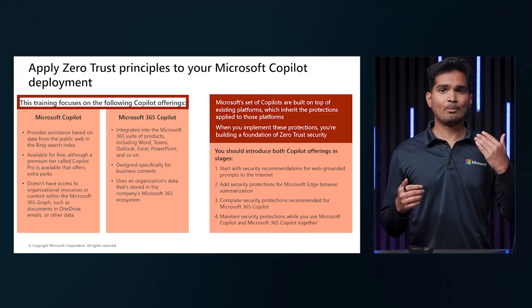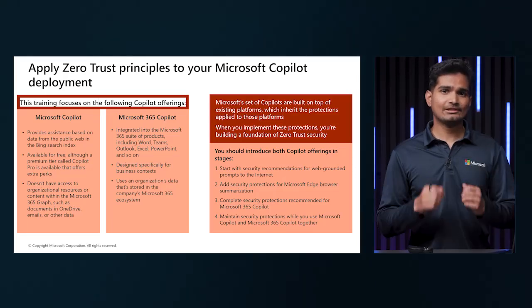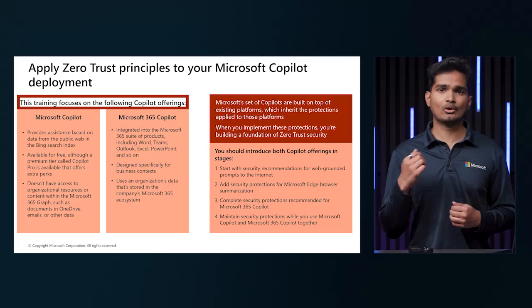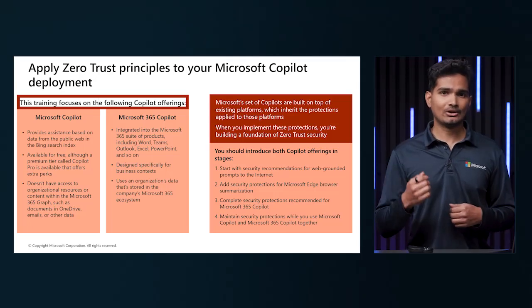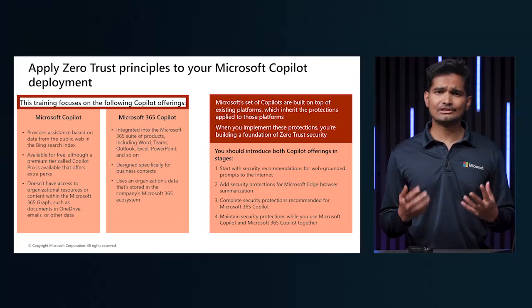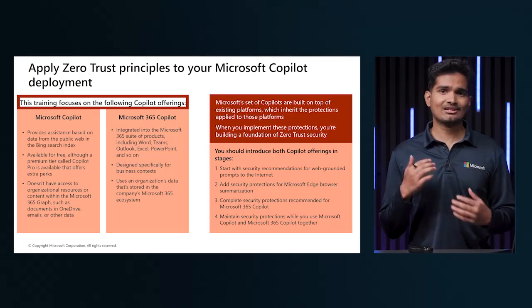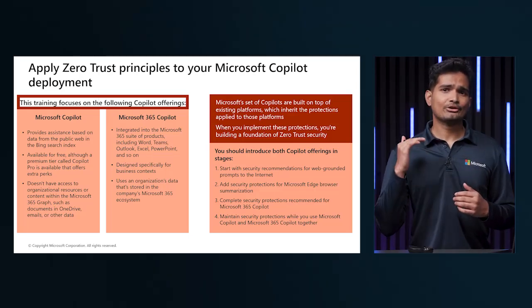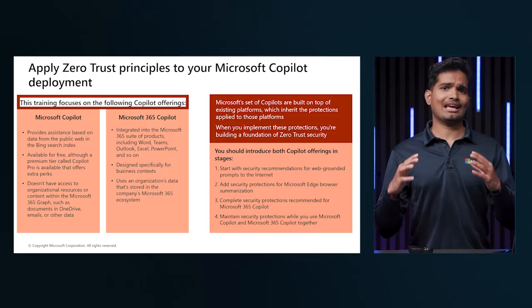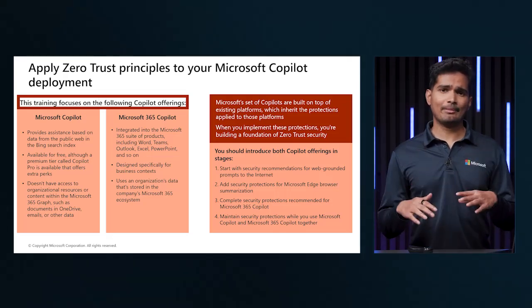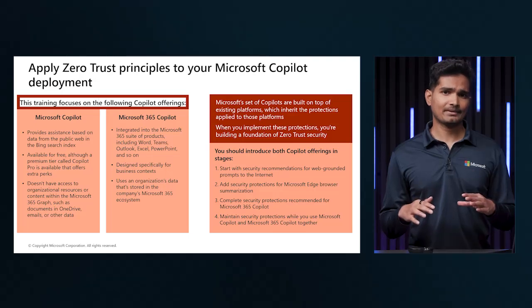Microsoft 365 Copilot, on the other hand, is integrated into M365's suite of products, including Word, Teams, Outlook, Excel, and so on. It is primarily designed for business contexts and uses an organization's data that's stored in the M365 ecosystem.